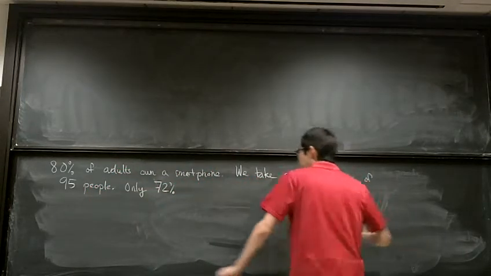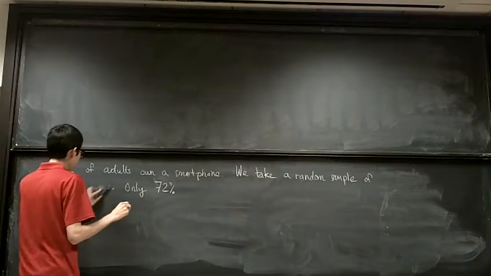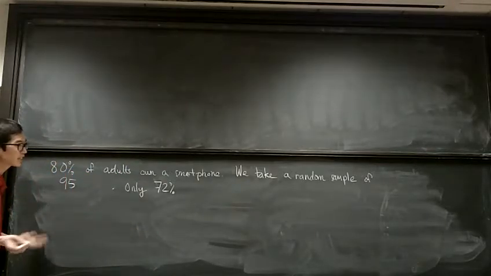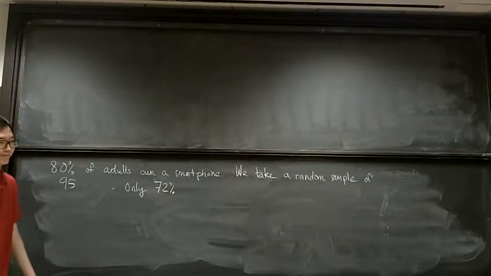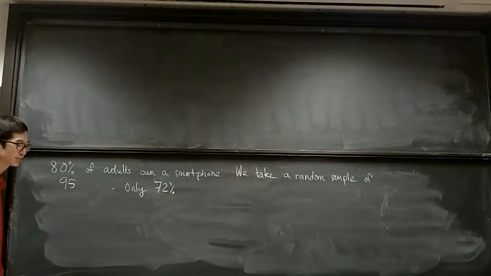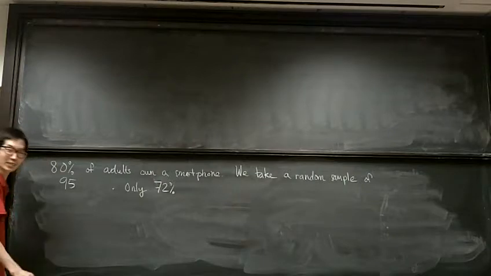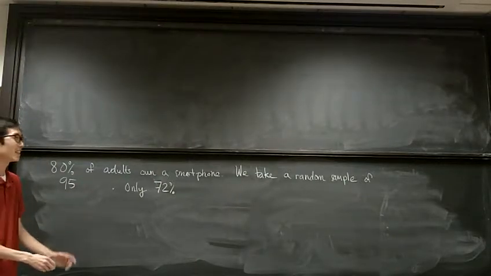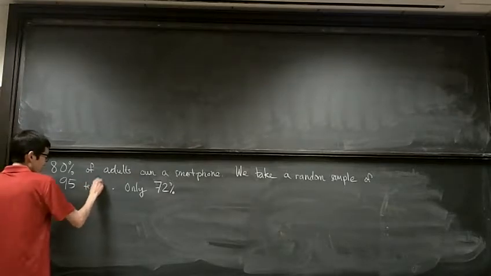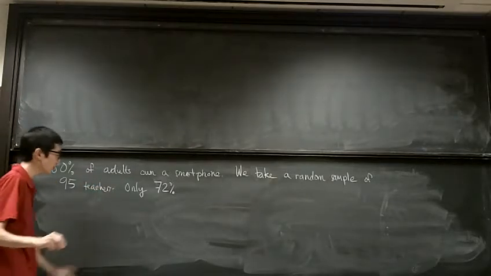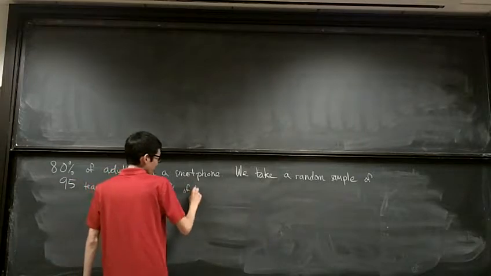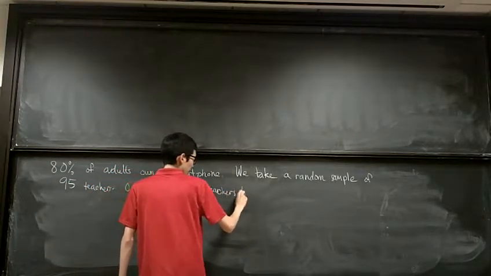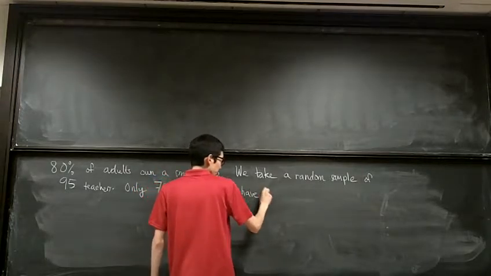Okay, so maybe not people. What's a group of people? All right, we'll say 95 teachers. Okay, only 72% of the teachers have smartphones.